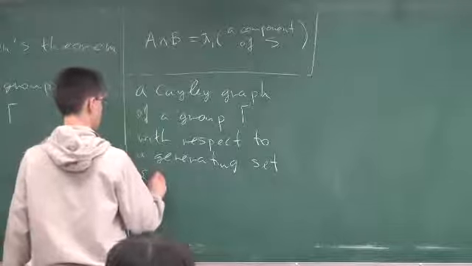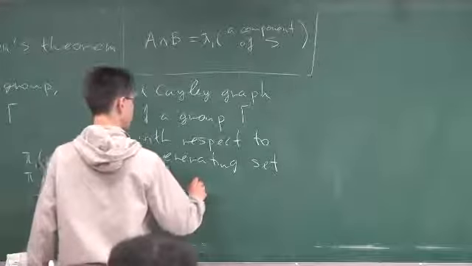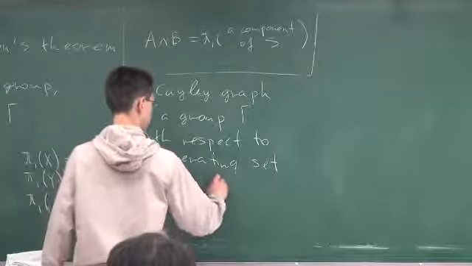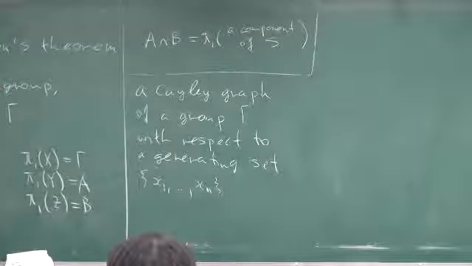Say pick a finite generating set. One can do it for infinite generators as well. Pick a finite generating set, for example. Assume gamma is finitely generated.